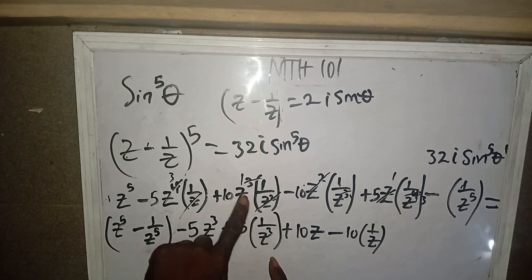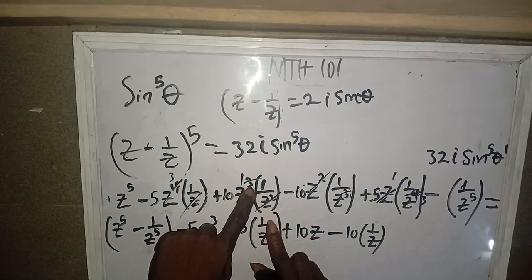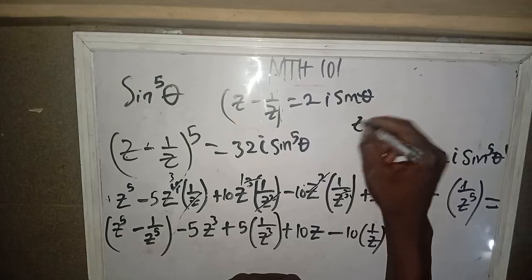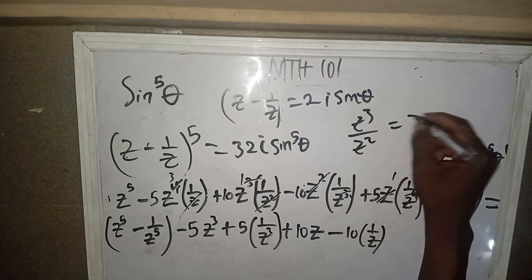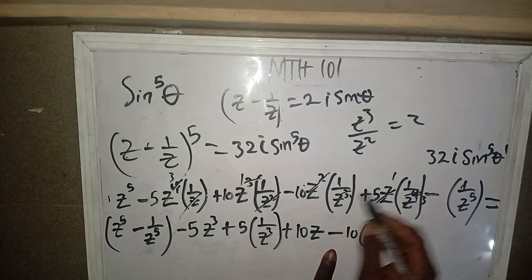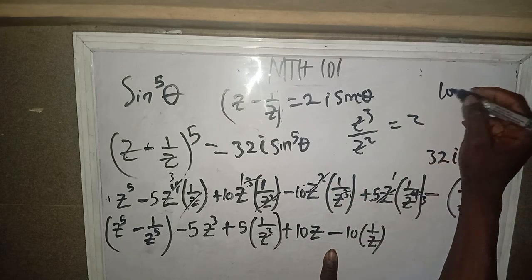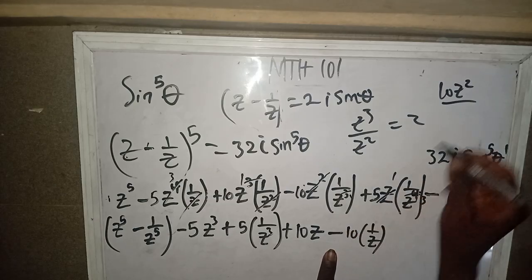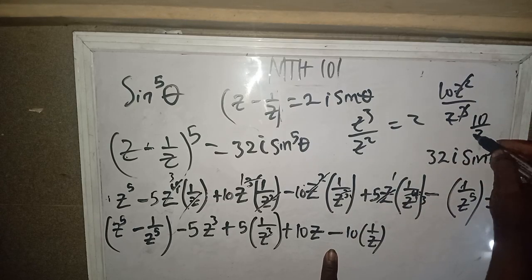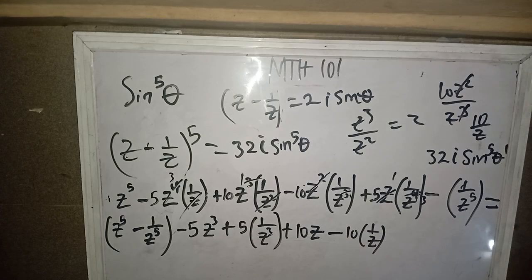We have z cube here and we have square here. So z cube over z square equals z. So this one will remain 10z minus. So here we have z square at the top, 10z square over this is z cube. So this cancels this. Then you have 10 over z. That's how we have 10 times 1 over z here.